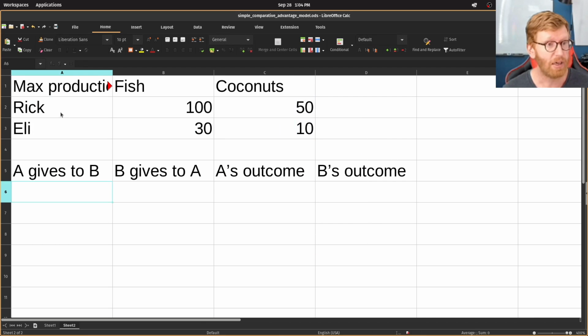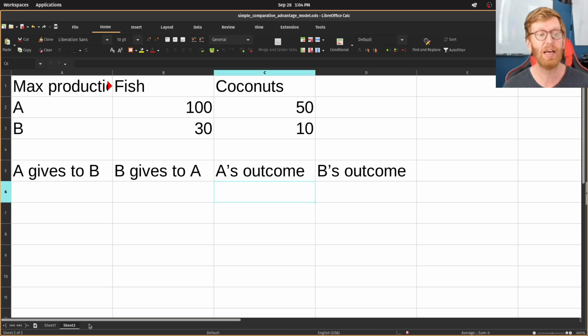So here, I'm going to think about I will be A, Eli will be B, and I'm going to give him some fish or coconuts. He's going to give me some fish or coconuts, and we're going to ask, how do we feel about that? Now, in this case, I'm not going to leverage the power of Excel. Instead, I'm just going to think through some possibilities.